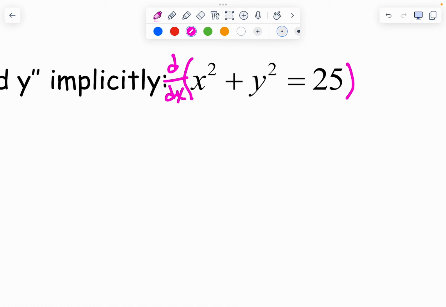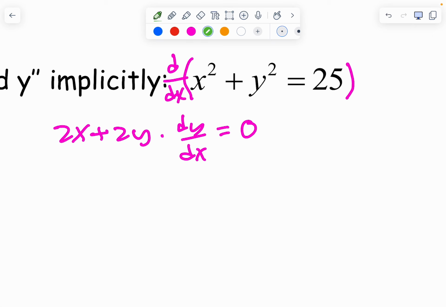What's the derivative of 1x squared? 2x, very good. Okay, Oscar, what's the derivative of 1y squared? 2y. Now, because I've derived something with the y, what do I need at the end? dy over dx. And then, Vincent, any constant derivative is always 0. Okay, so according to Algebra 1, I'm going to do two things at the same time.